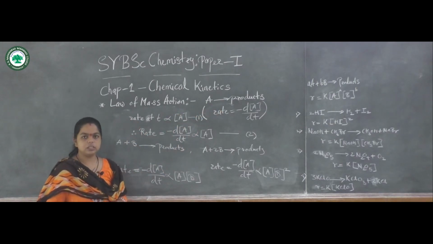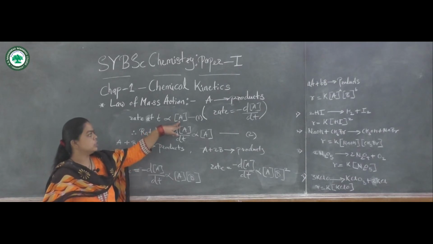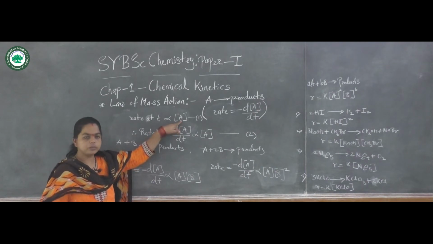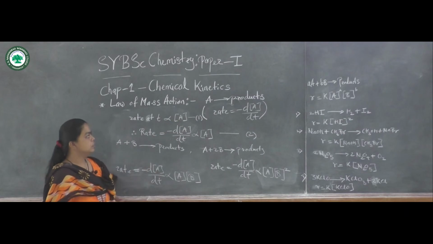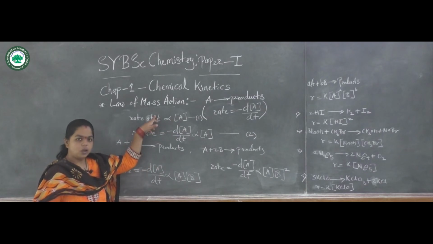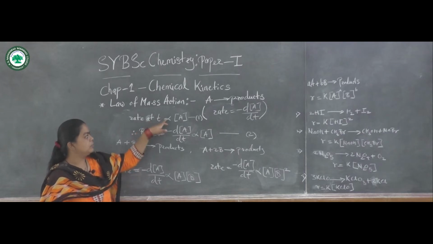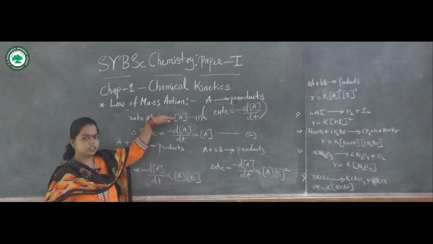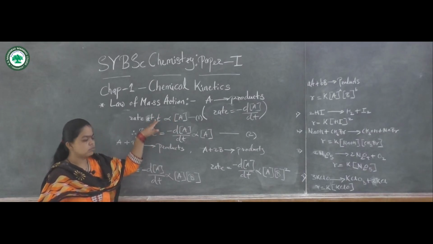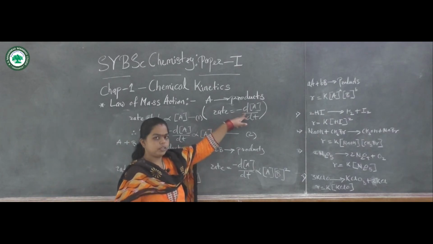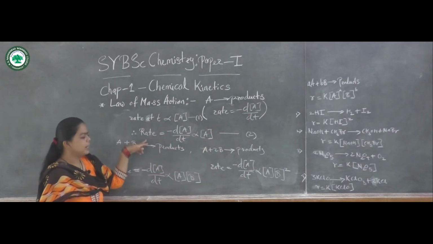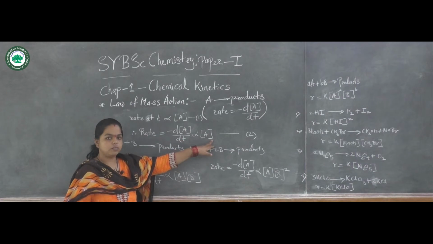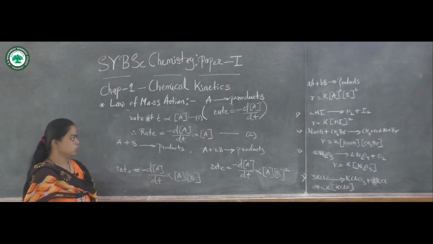If we apply the law of mass action to this simple reaction, A gives product, the rate of the chemical reaction is proportional to the concentration of the reactant. If we consider square bracket A as the concentration of the reactant A at time t, then the law of mass action gives rate at time t is proportional to the concentration of A. Now in this equation, if we put the value from the rate constant derivation, minus d[A] upon dt, we can write rate equals minus d[A] upon dt proportional to the concentration of A. So this becomes equation 2.